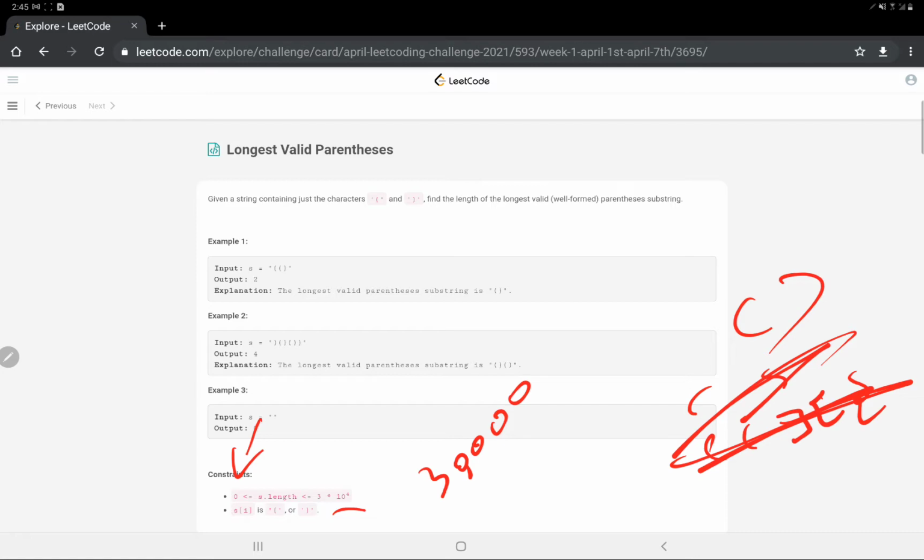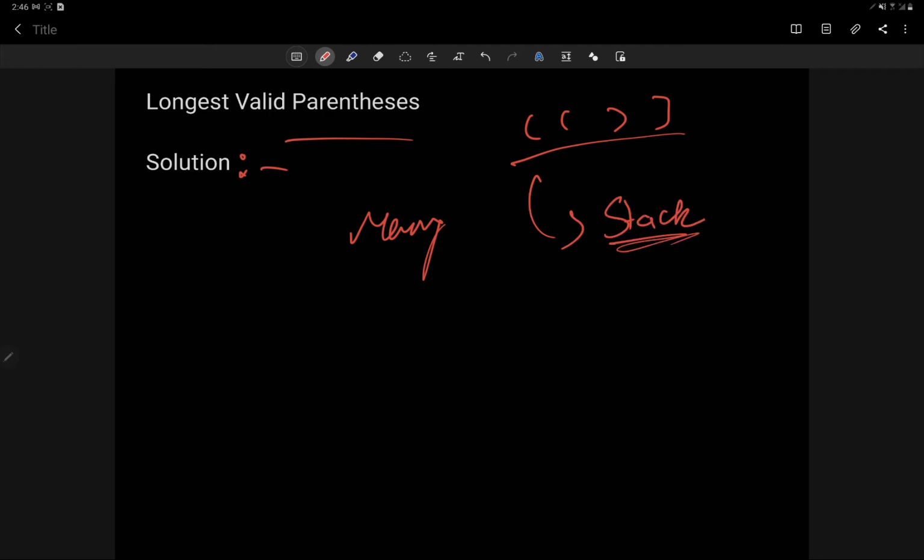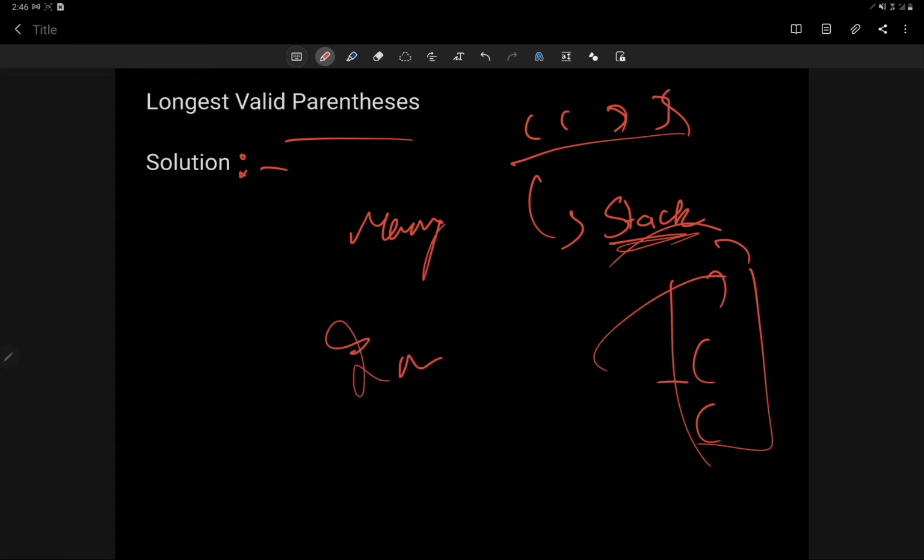Now let's see how we are going to solve this question. There could be many approaches. One such approach that comes to everyone's mind is a stack, because it's a general stack question. We take a stack and push the elements, and whenever we encounter the closing one, we pop it out and increase our count, and we maintain a max count.